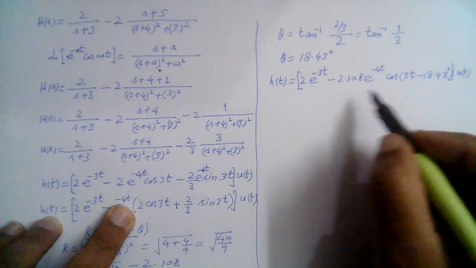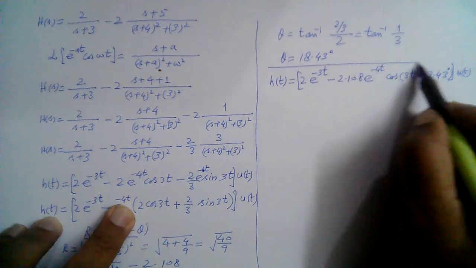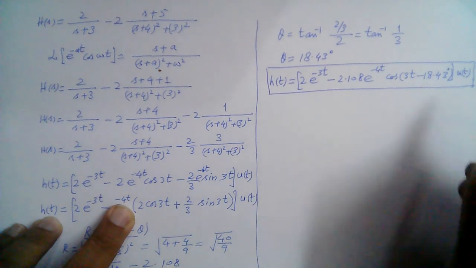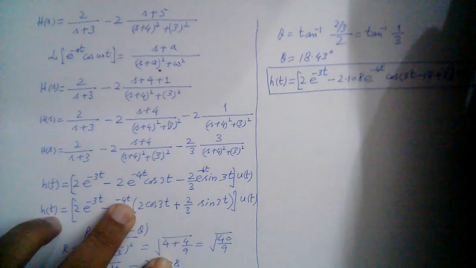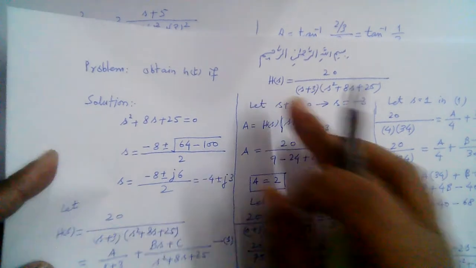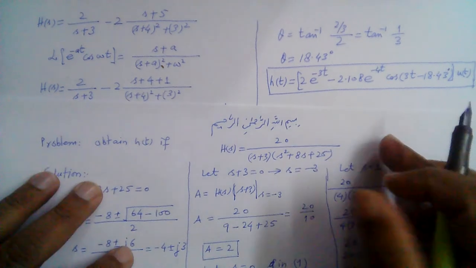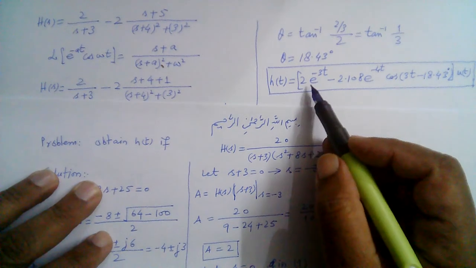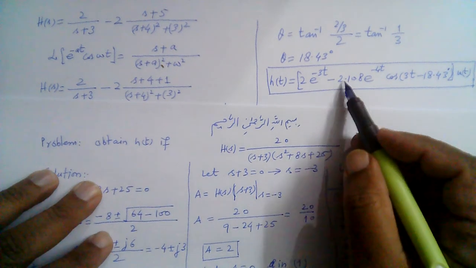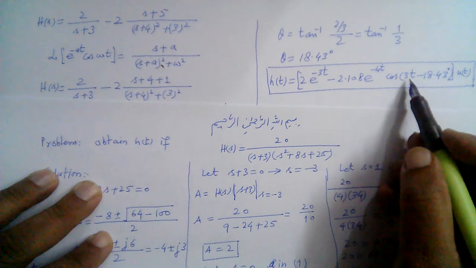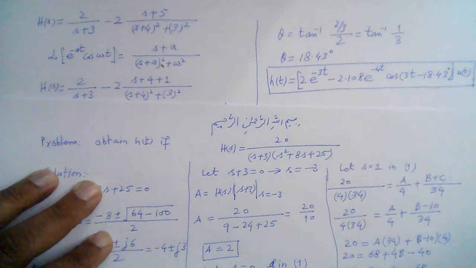So this is the inverse Laplace transform of the given function here, h of s, of the given transform h of s. So this is the inverse Laplace transform of this function. H of t is equal to 2 e raised power minus 3t minus 2.108 e raised power minus 4t cos 3t minus 18.43 degrees.